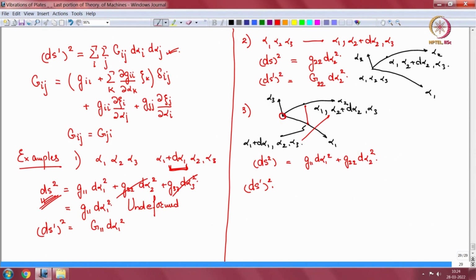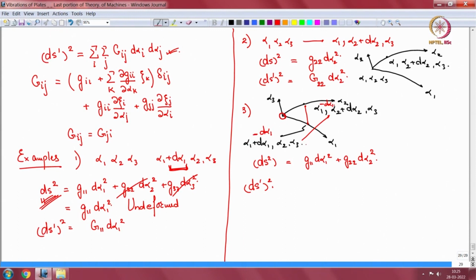Okay. So what is that? I will move this point by minus d alpha 1, and I will move this point by minus d alpha 1. Okay. So what happens?